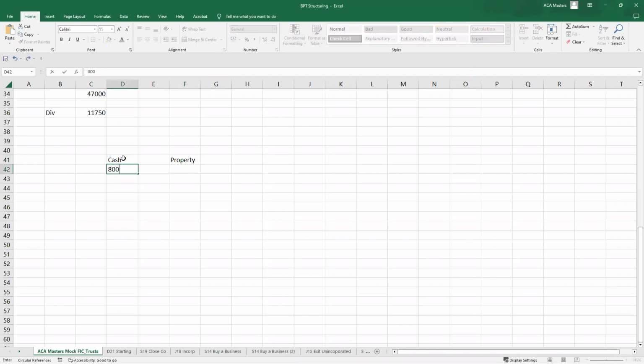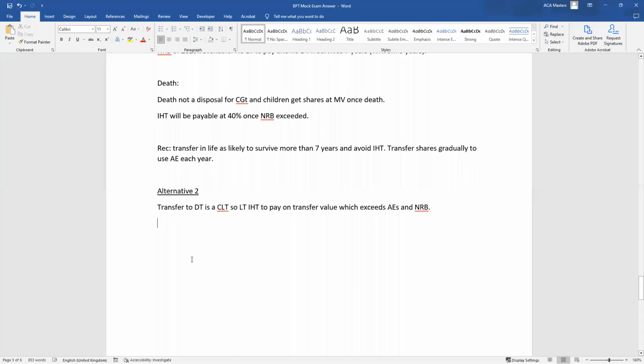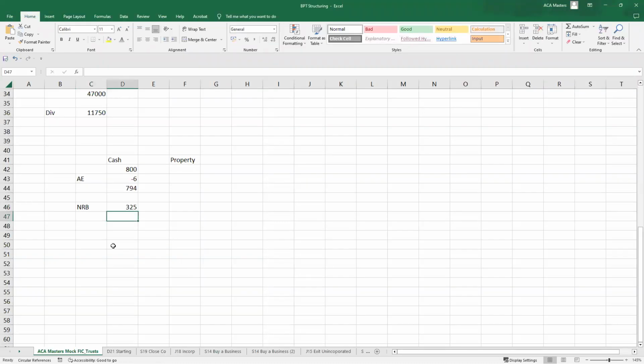So the cash was 800k. Then the annual exemptions, assuming they didn't use them from the previous year. So we'd have this here. Then there'd be the nil rate band. We'd need to know if she's made any transfers in the last 7 years, because that of course reduces the nil rate band by those gross chargeable transfers.